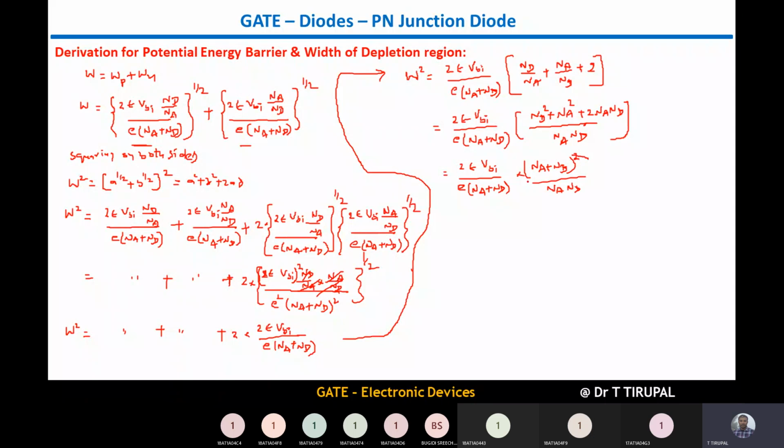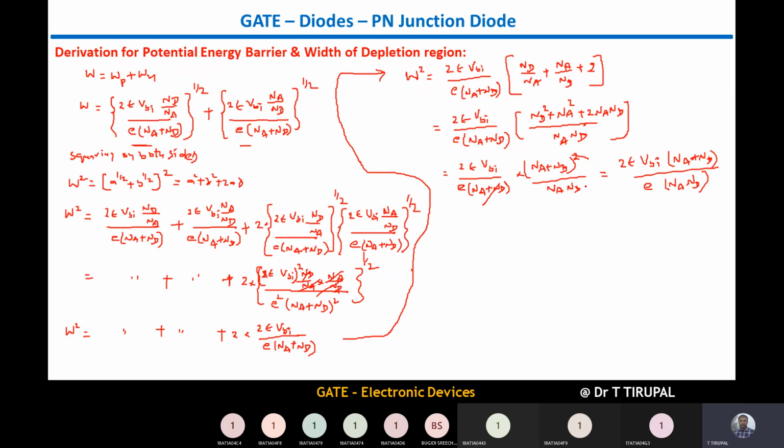So what happens? This square and this one cancels. What is this one? It is equal to 2 epsilon VBI into NA plus ND whole divided by E into NA ND.